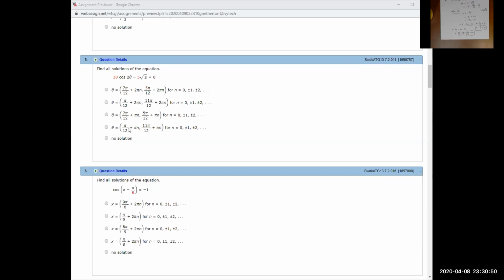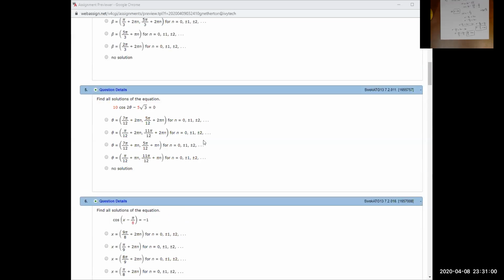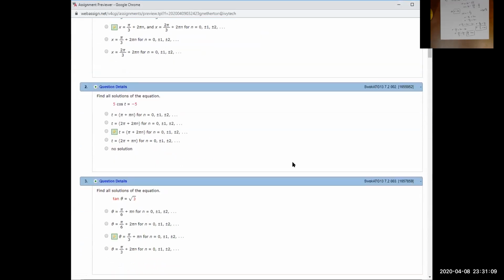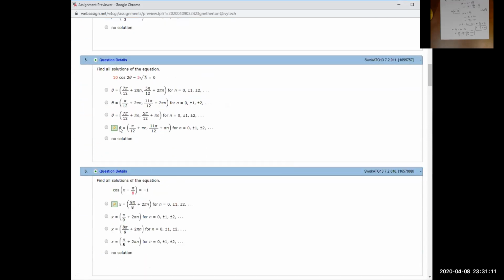This one's not correct. What have I got down here? Pi over 12 plus pi n, 11 pi over 12 plus pi n. So actually it's this one. It looks like it's the fourth one. So I'm going to turn on the key. And we're hoping the fourth one is correct for number 5, and it is. So it looks like we did the problem correctly.